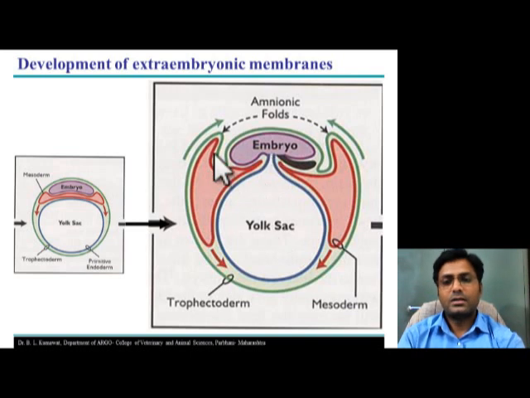On the other hand, these mesodermal layers keep on growing and forming pouches which surround the yolk sac and push against the trophoectoderm. And this is how these mesodermal pouches form wing-like structures, and these are termed as amniotic folds.